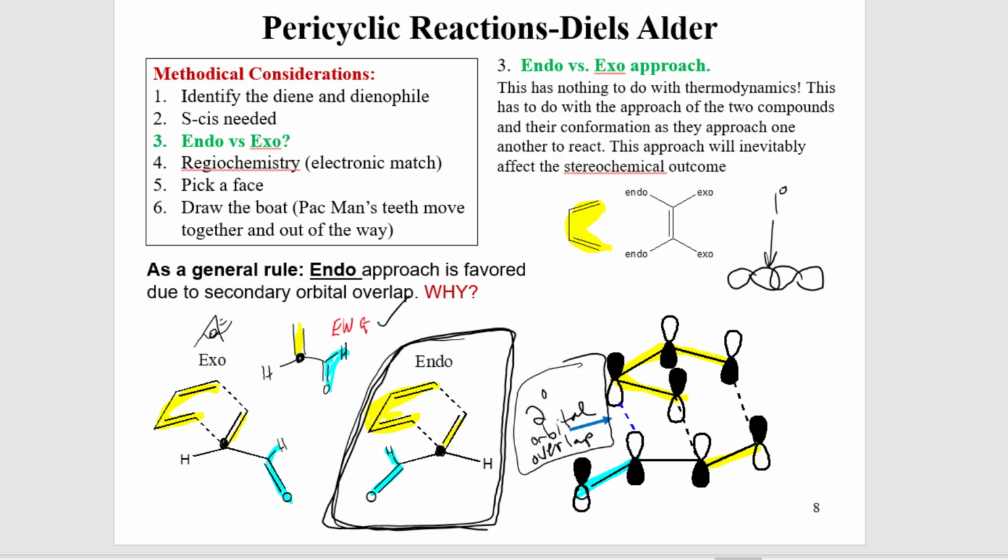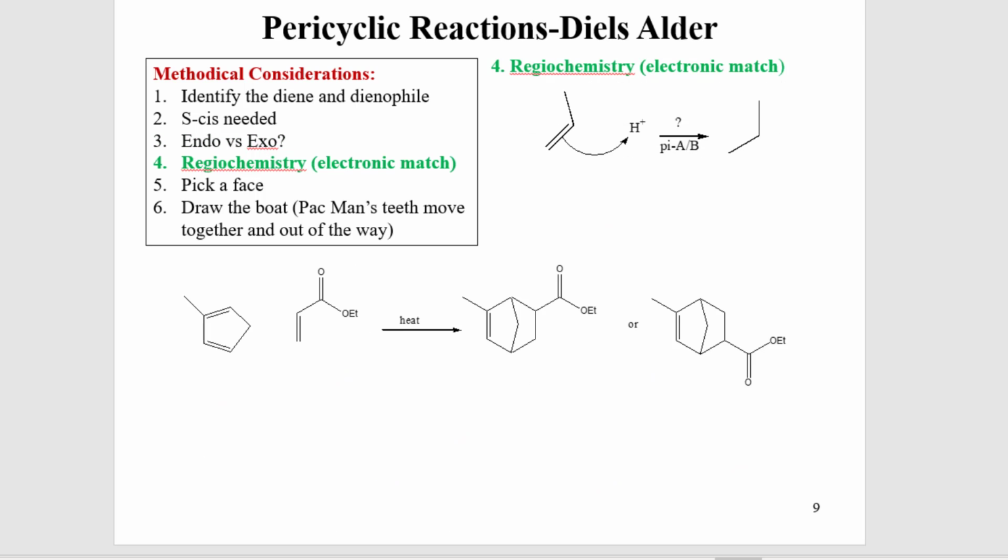But it's the opposite had it come in endo. So this is going to have an effect ultimately on the stereochemistry we draw in the final product at that center. Ugh, how did this become so complicated so quickly? I know. All right, number 4, regiochemistry.